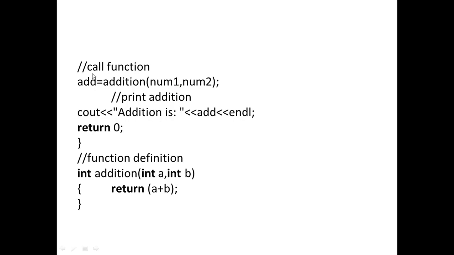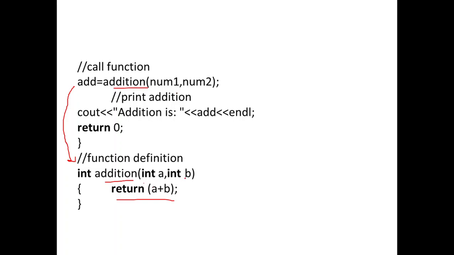What will happen is that this is the function call. When the function addition is called, the program control will check where this function is defined. Here we have defined int addition(int a, int b) { return a + b; }. Whatever parameters are given along with addition, we add them, right?